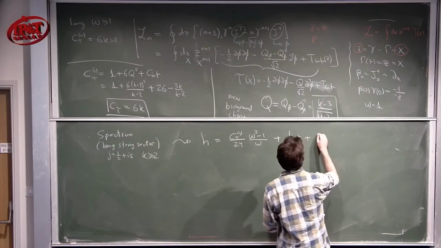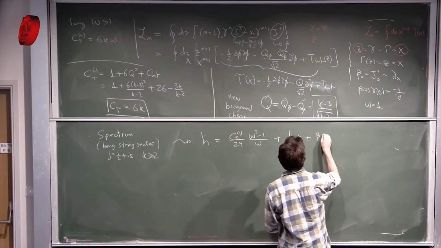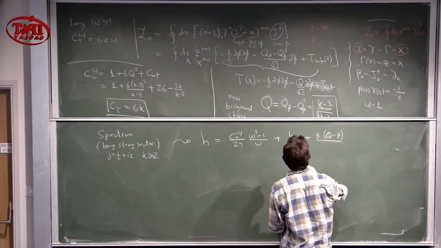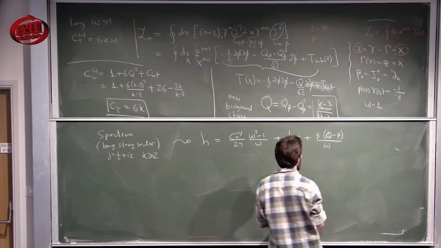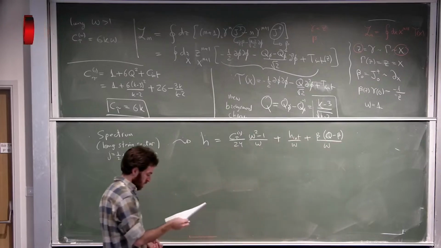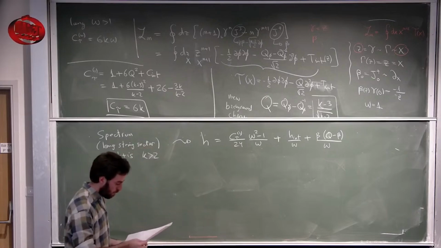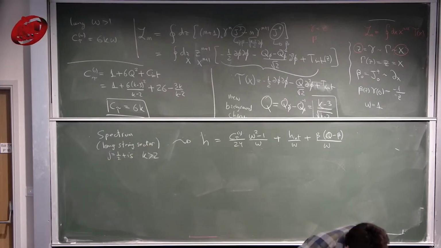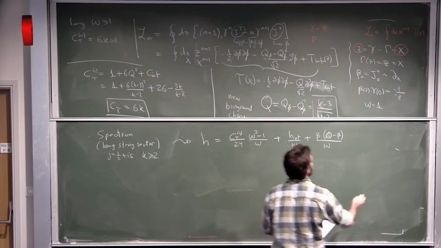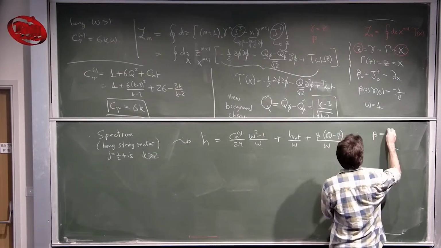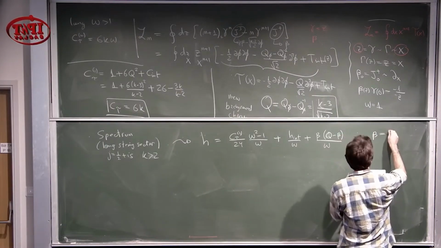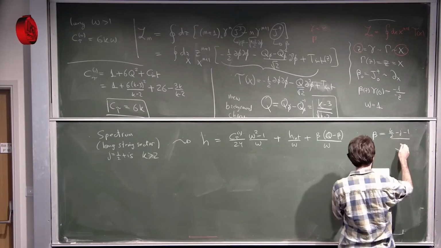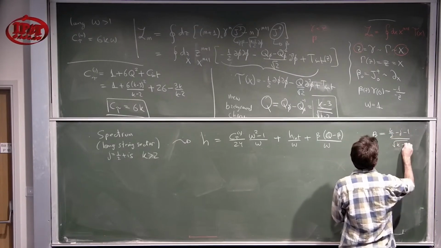Let's call it beta u minus beta over omega, where I define beta as k over 2 minus k minus 1 over square root of k minus 2.